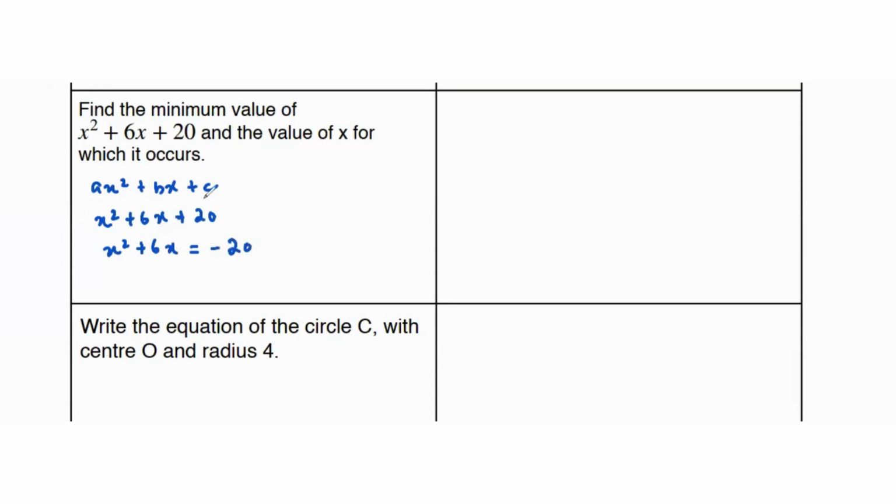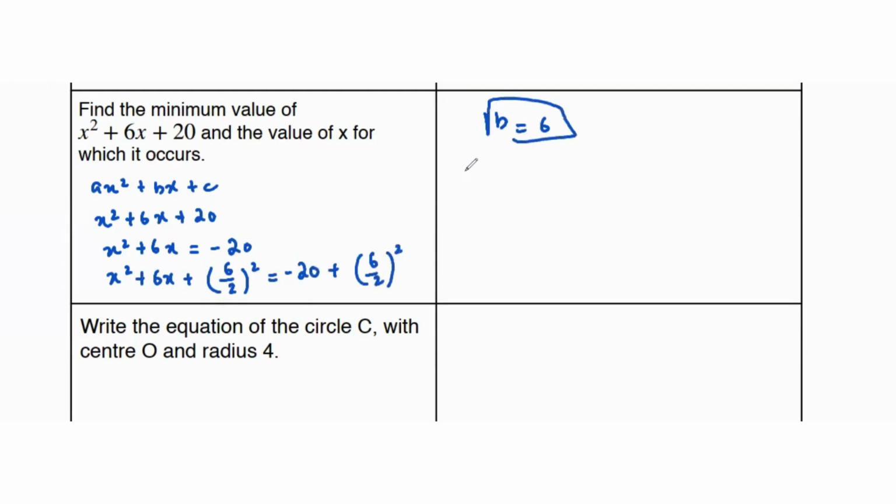Then I'm going to add (b over 2) whole squared to the left hand side and the right hand side. So b in our case is 6. So that means it's going to be x squared plus 6x plus (6 over 2) whole squared equals negative 20 plus (6 over 2) whole squared.